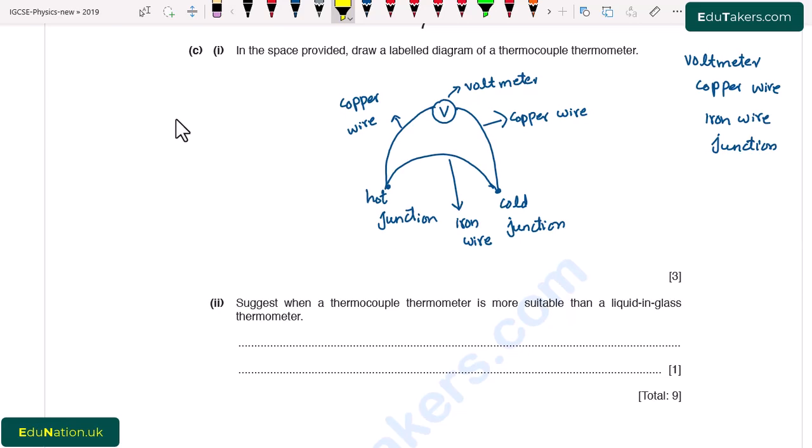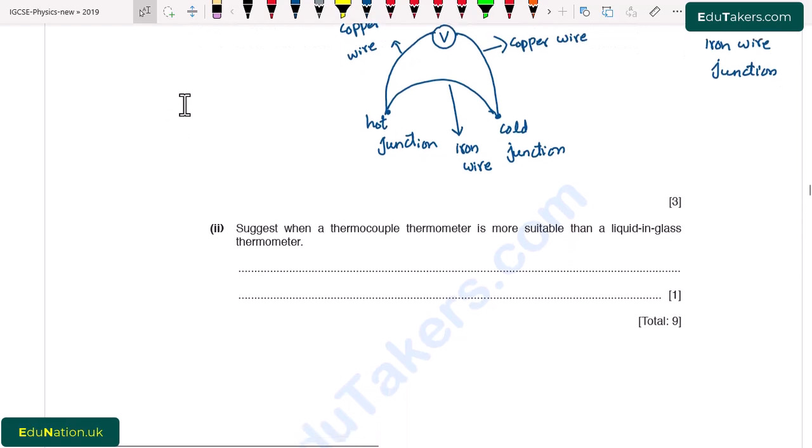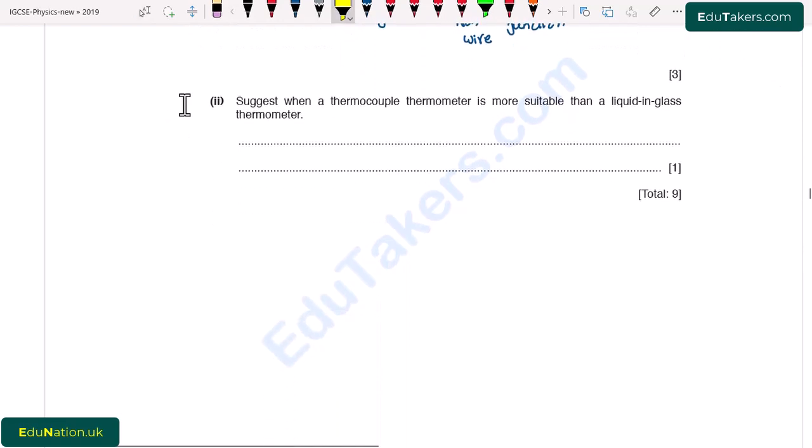And it is also used to measure very high or very low temperature. So I write here when the range of temperature is high, or when we have to measure very high or very low temperature.